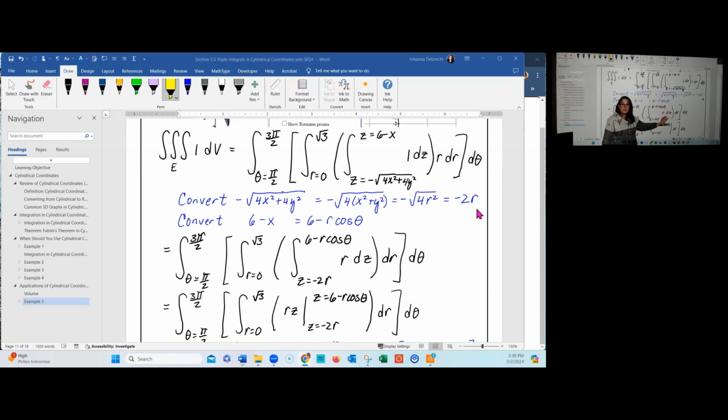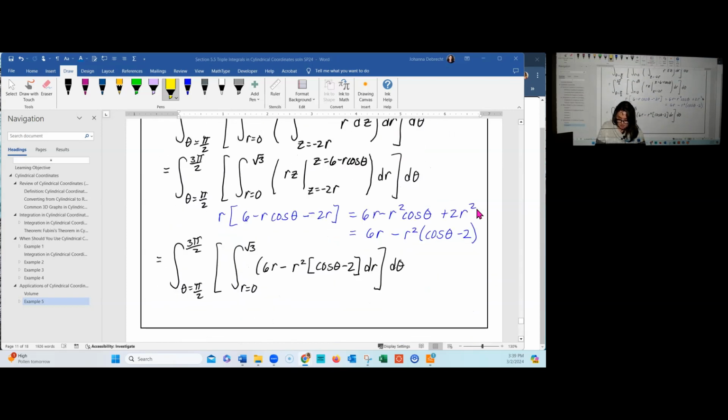So since I don't have a z, when I integrate, I get r times z. I evaluate this between the limits of integration that depend on the variables in the outer two differentials, r and theta. When I simplify this, I can rewrite it as 6r minus r squared cosine theta plus 2r squared.